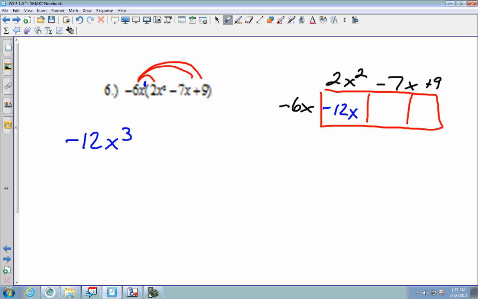Negative 12x to the third power. Negative 6 times negative 7 is plus 42. x times x is x squared. Negative 6 times 9, negative 54x. You can do it with the distributive property or the box.